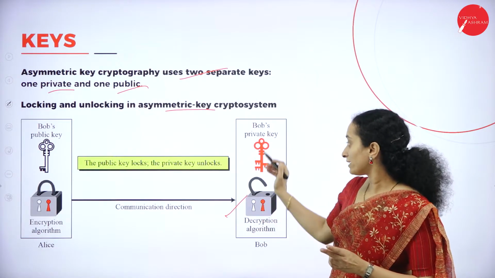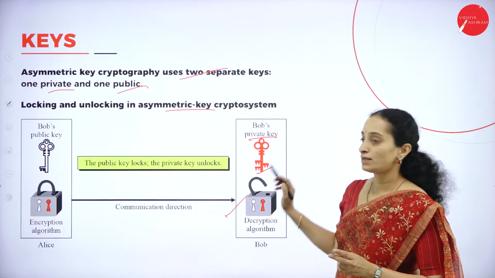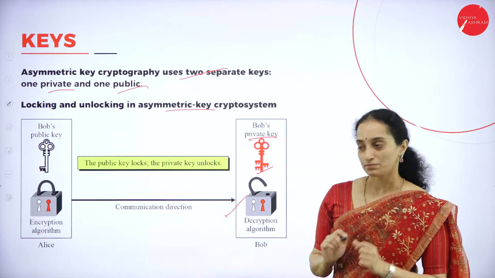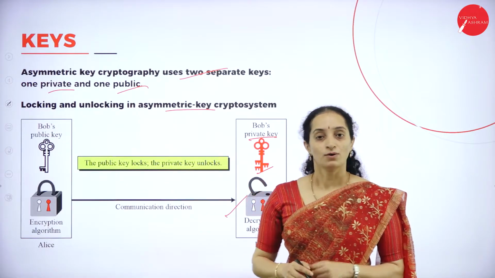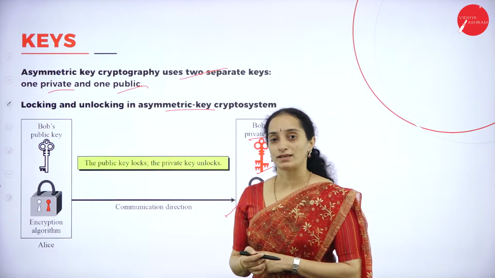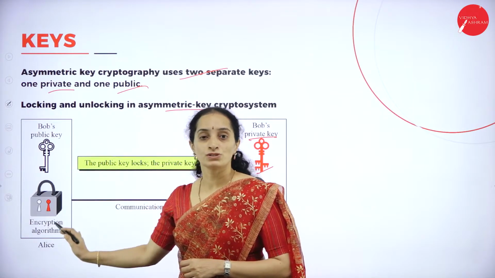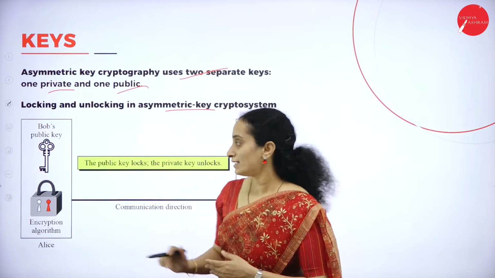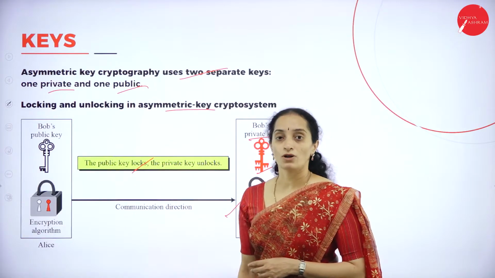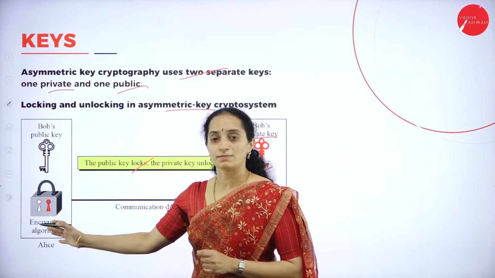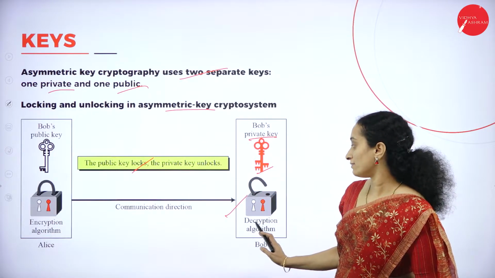He'll keep the private key with himself and public key will be transmitted over the network. Why it is passed over the network is, public key is the one which is used to lock the message. Public key usually locks the message. The sender will lock the message and will send it to the receiver.